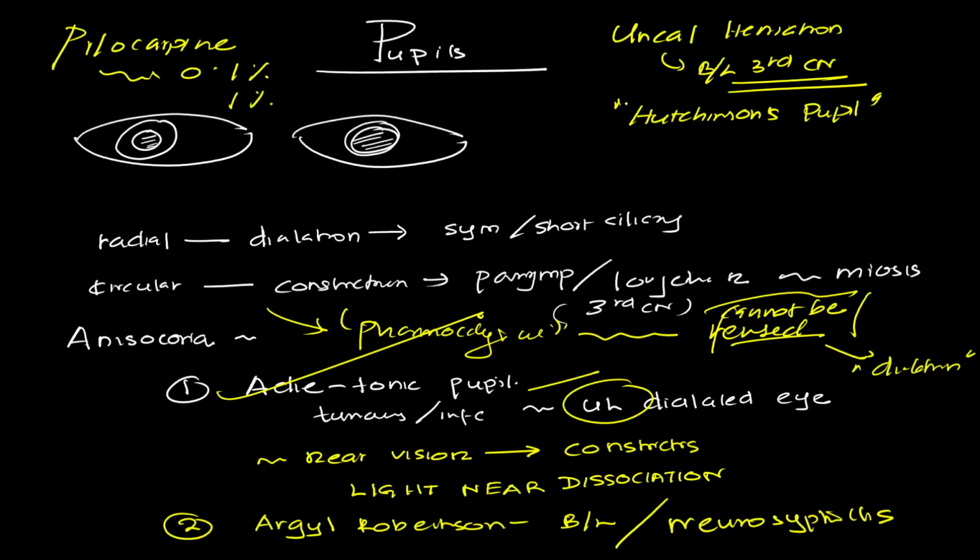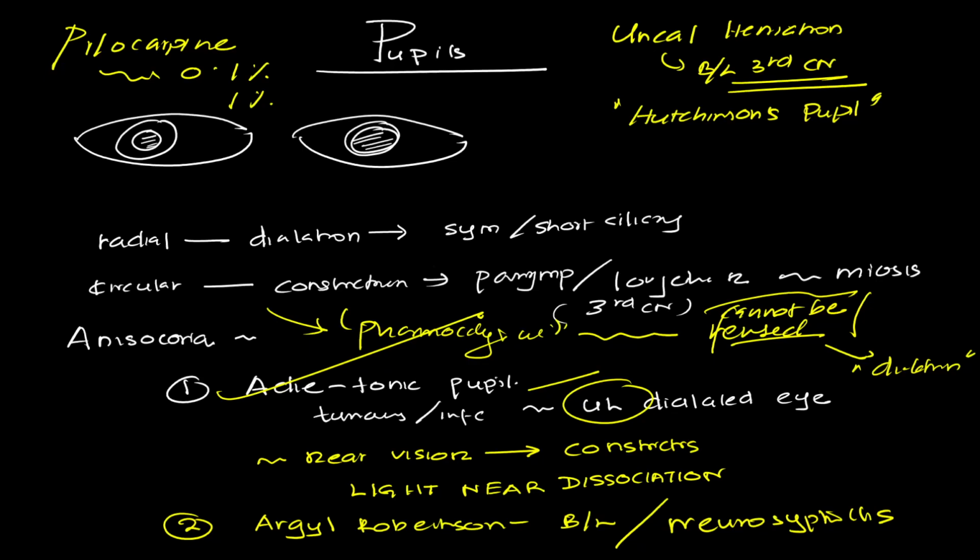So if you see a dilated eye in a patient who has already undergone some sort of brain trauma, you should know that there is a possibility that it could be an EDH or an SDH that might be leading to an imminent uncus herniation.